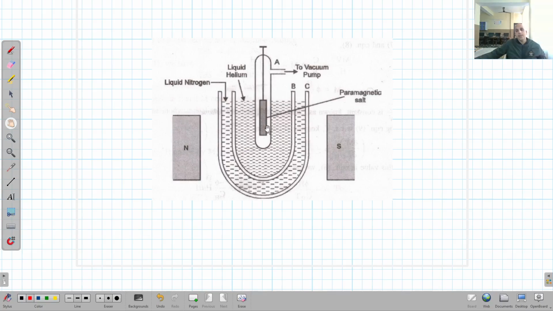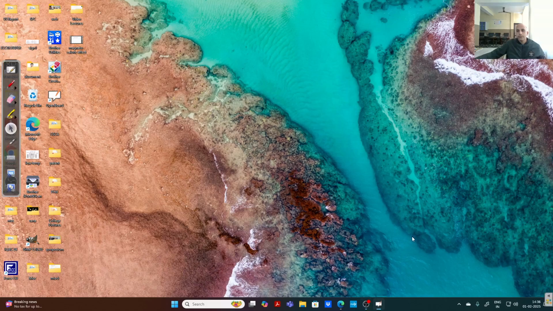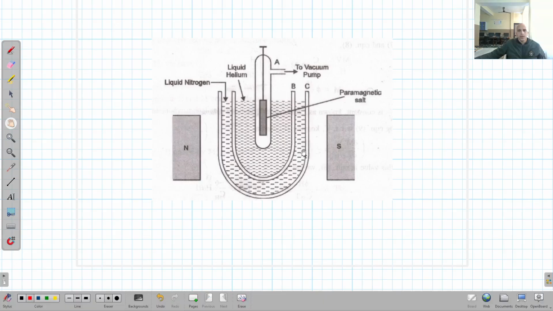Clear? Here we take a paramagnetic salt material, and we have taken potassium chromium alum.